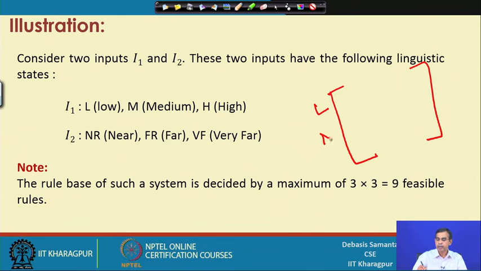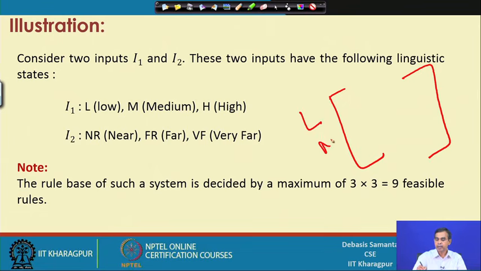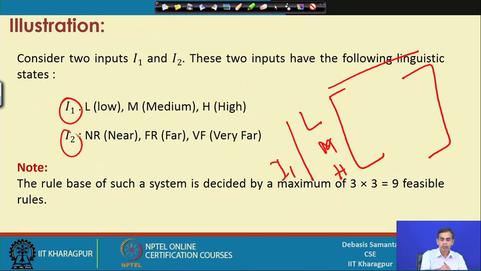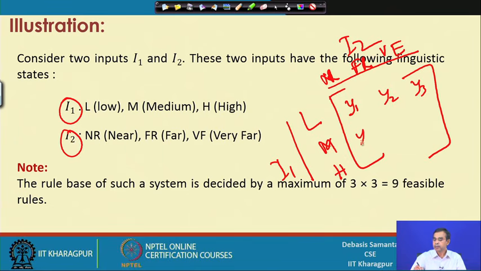The rule-based system is like this: L, M and H, the three states for I1, and another three states for I2, which are NR, FR and VF. So there are 9 rules: rule 1 gives output Y1, then Y2 and Y3, similarly Y4, Y5, Y6, Y7, Y8 and Y9.